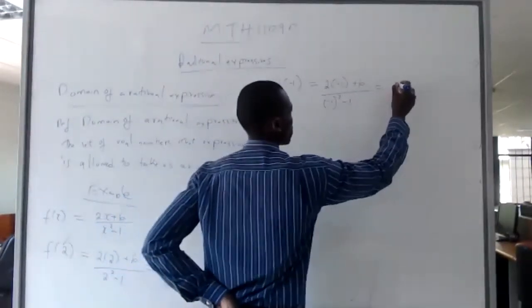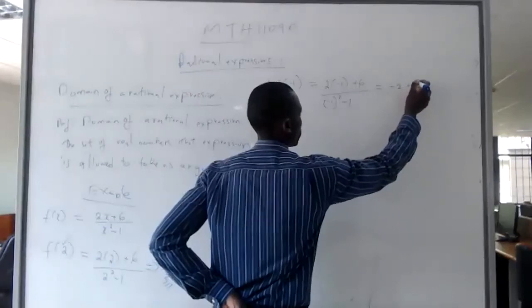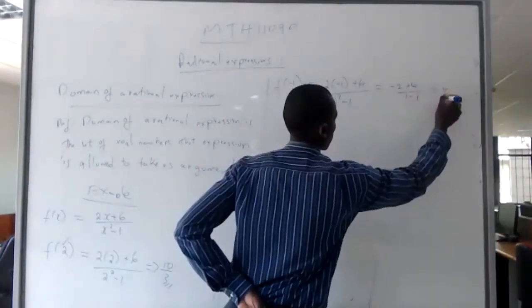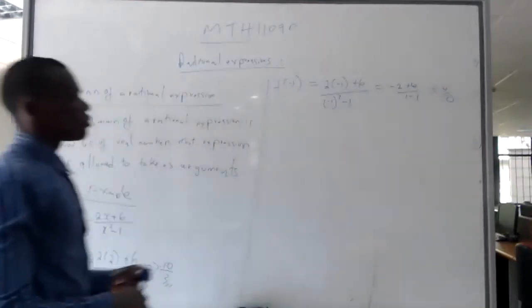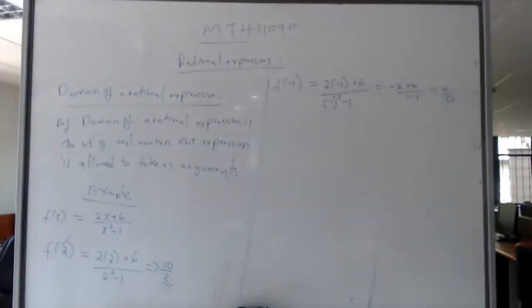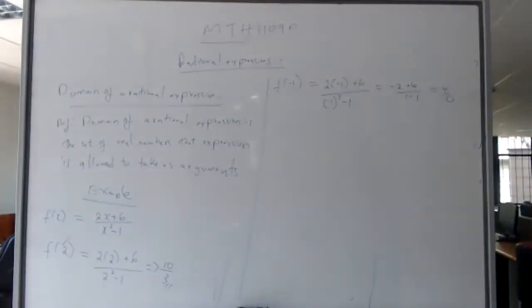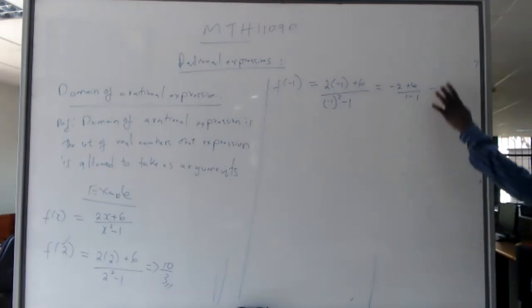Well, that is just -2 plus 6 divided by 1 minus 1, which is 4 divided by 0. What is 4 divided by 0? Infinity.